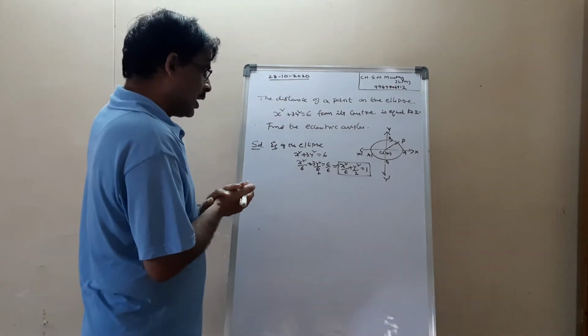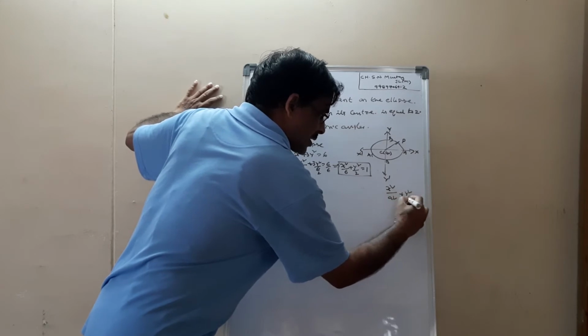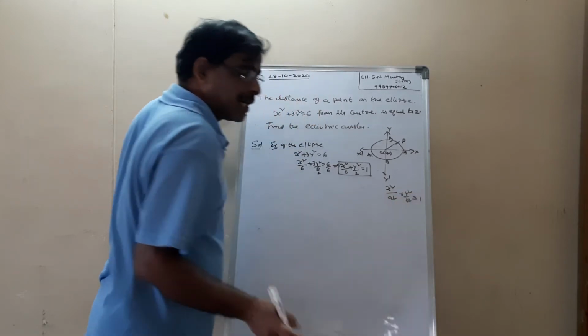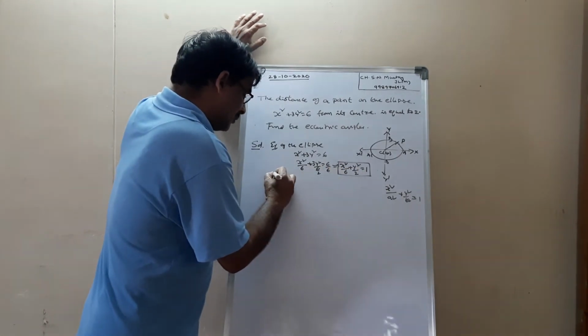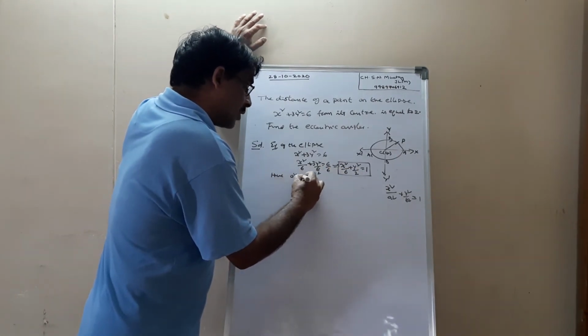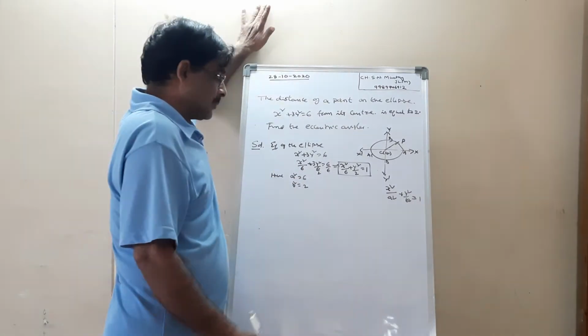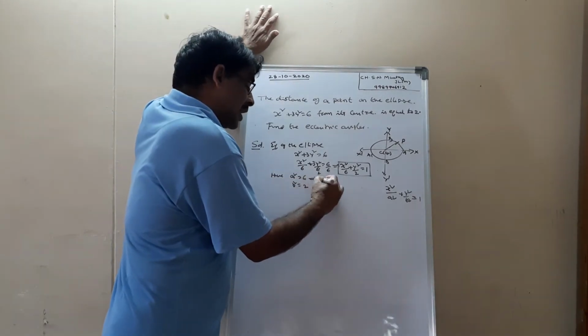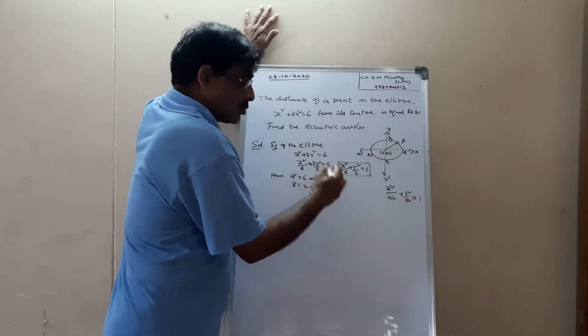Now you compare this with the standard form. A square equal to 6 and b square equal to 2. So a equal to root 6, b equal to root 2.